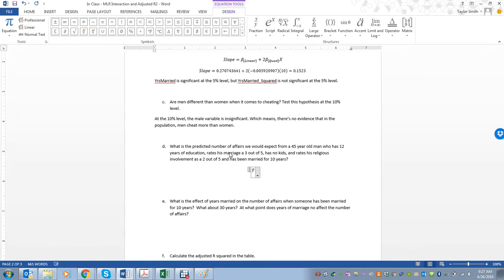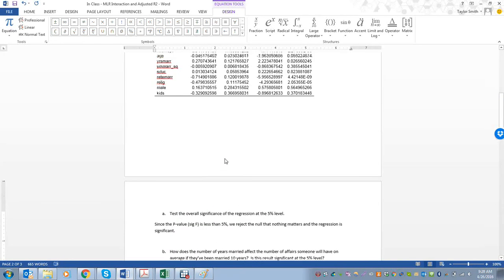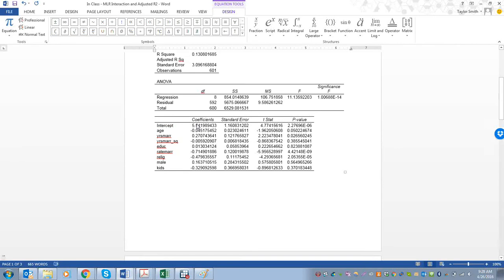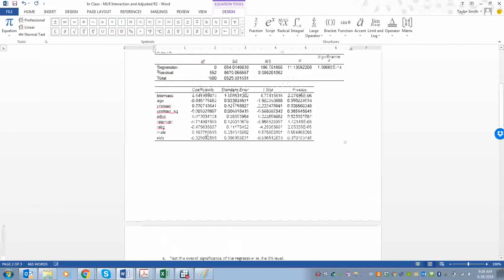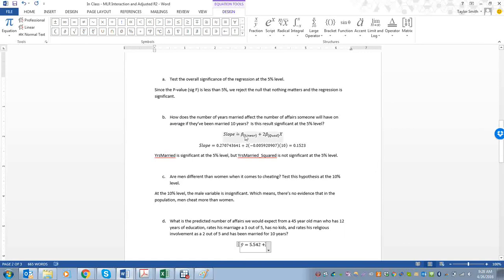Okay, y hat is equal to, so we start off with our intercept, which is 5.542, plus, then we'll go to our next coefficient, which is age, which is negative 0.0452.